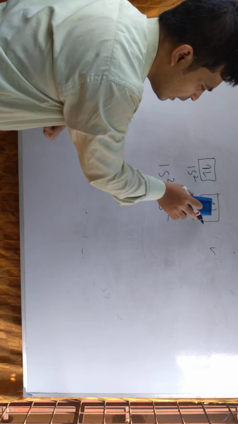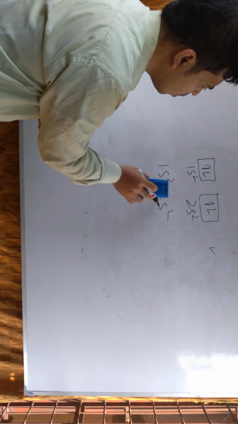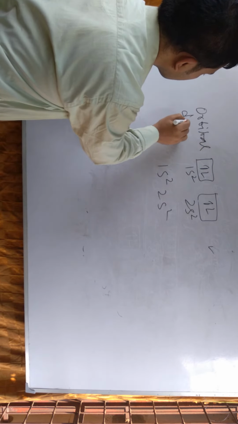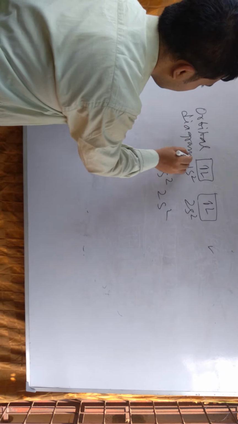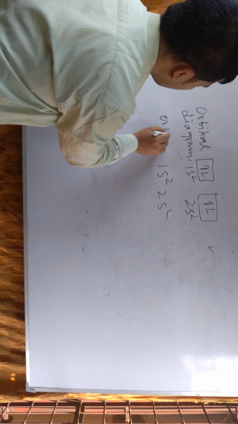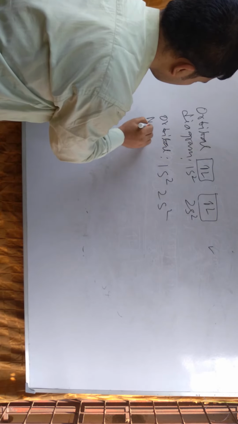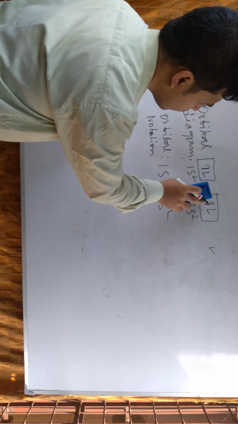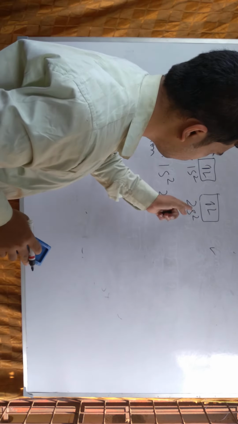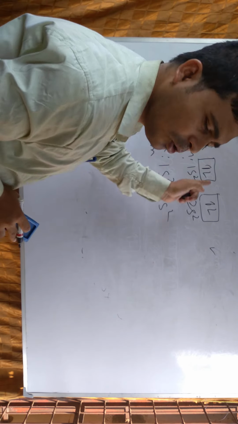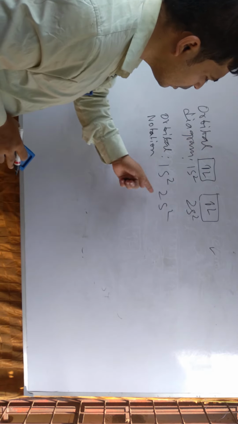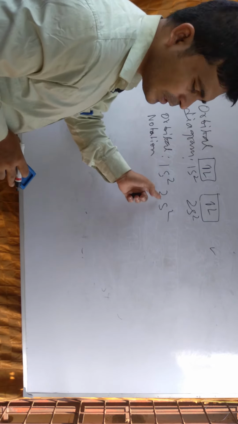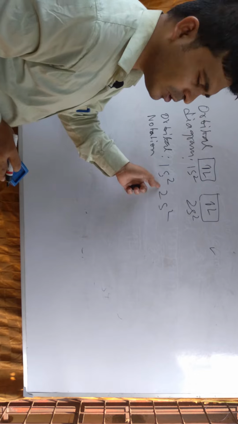This is the orbital diagram and this is the orbital notation. The diagram has an advantage where all 4 quantum numbers are clearly shown. Here all 4 quantum numbers are not clearly shown; we are just writing the number of electrons present in each orbital or subshell.